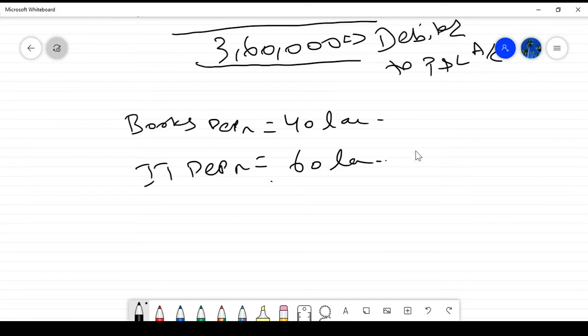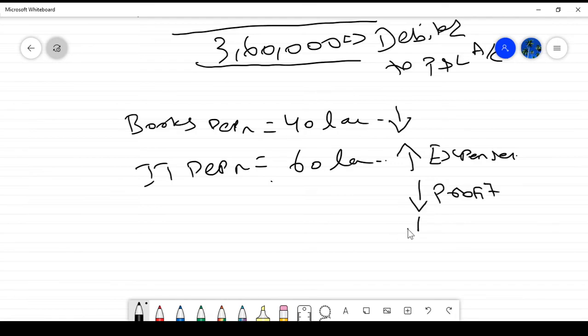My expenses is more in the Income Tax Act and less in my Companies Act, correct? If my expenses is more, then my profit will be less, correct? Then I will pay less tax, correct?